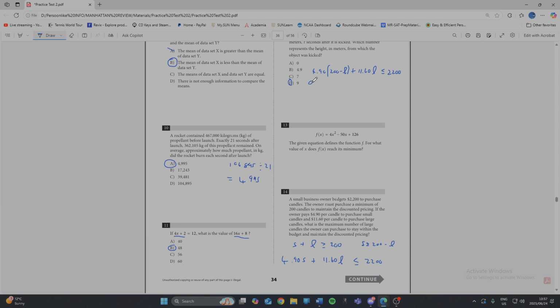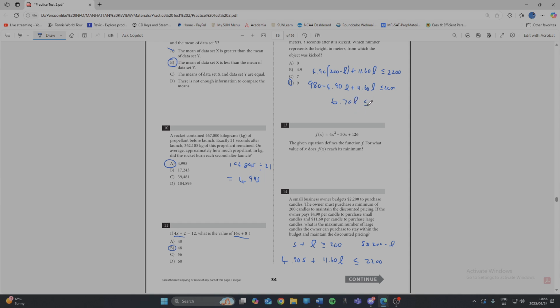So we would get 980 minus 4.90 L plus 11.60 L is smaller than 2,200. Okay, and if we keep the L's on the left hand side, negative 4.90 plus 11.60 is equal to 6.7 L.